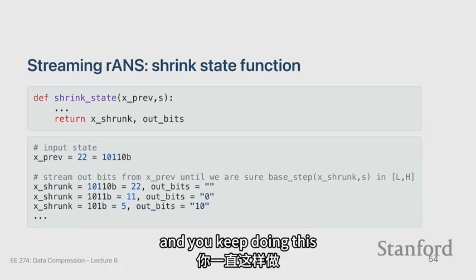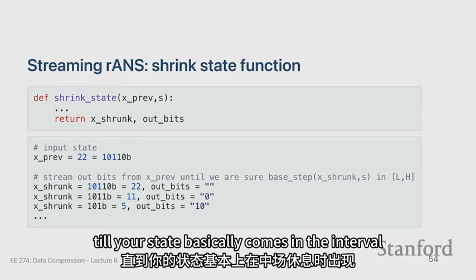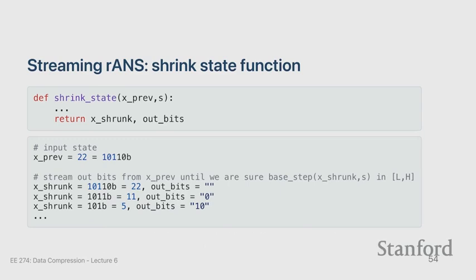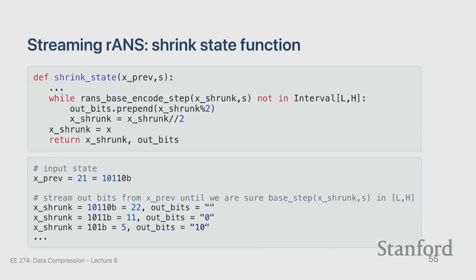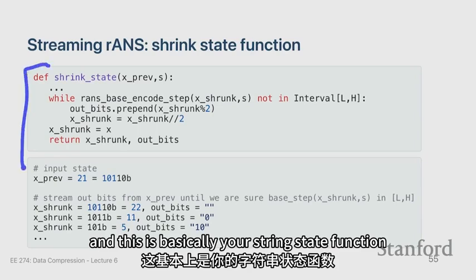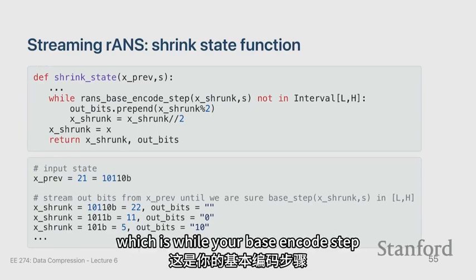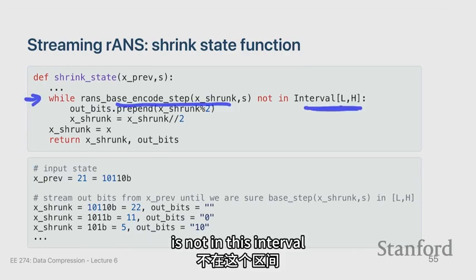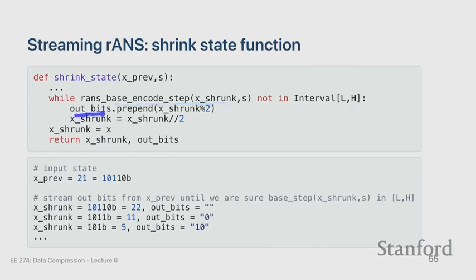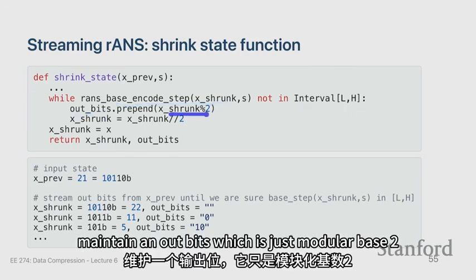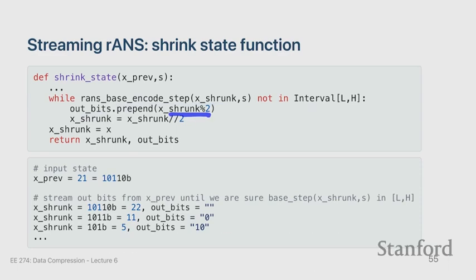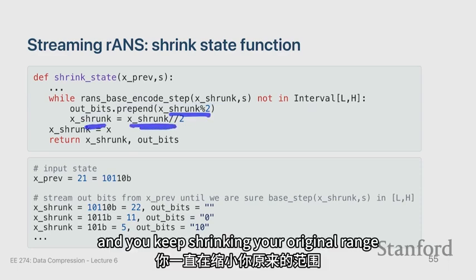You keep doing this till your state basically comes in the interval L, H. And this is basically your shrink state function: while your base encode step input is not in this interval, you maintain out bits, which is just modulo base 2, and you keep shrinking your original range.